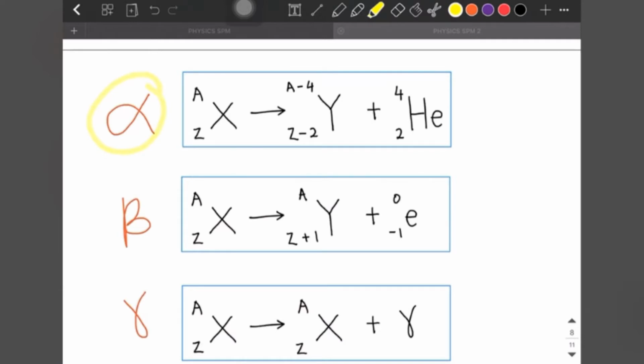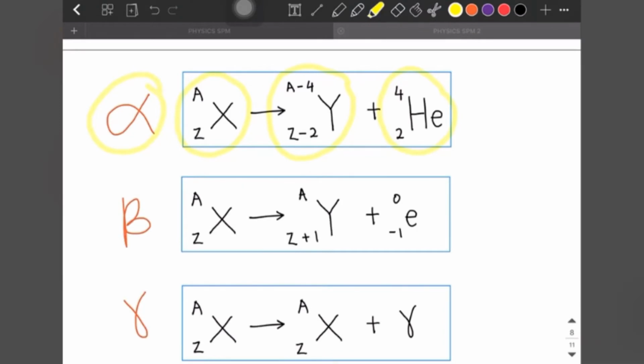Helium has the nuclear number of 4 and the proton number of 2. So when the element X undergoes a decaying process, it will release helium. The new element's nuclear number will decrease by 4 and the new proton number will decrease by 2.